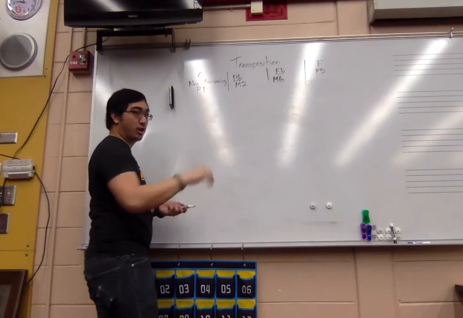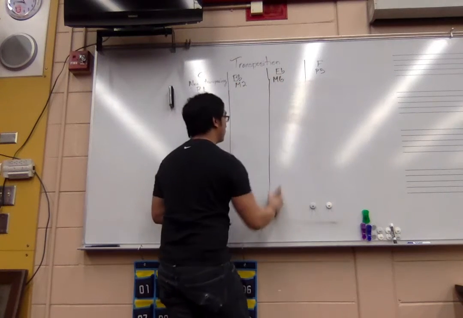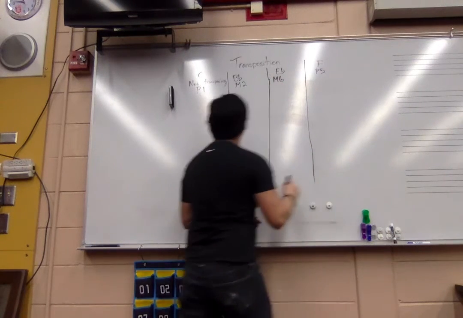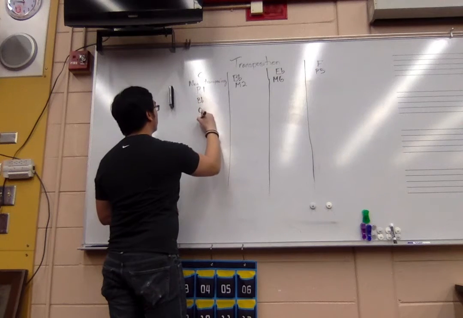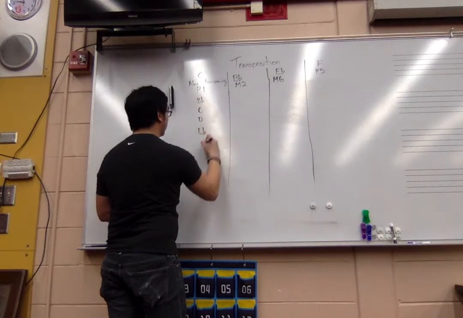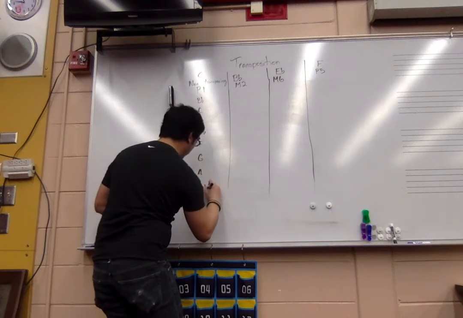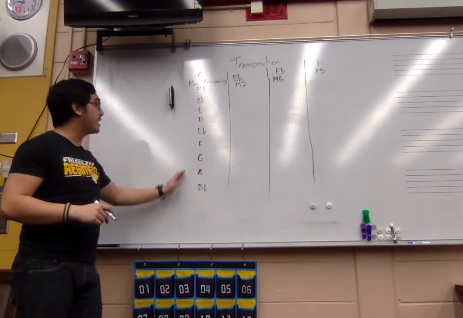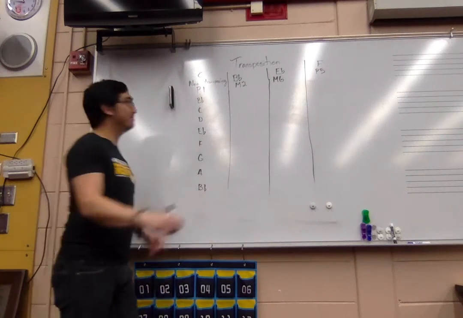And I made this chart. Here's my concert B flat scale for the C instruments.